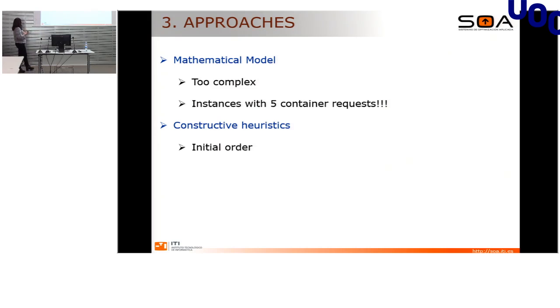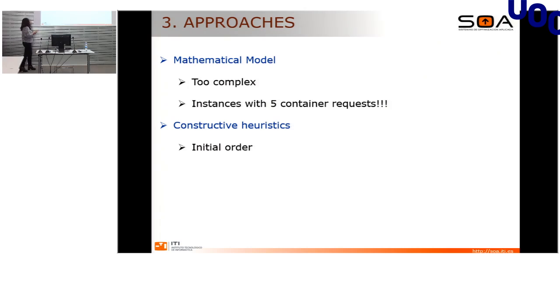According to an initial order, we are based on different parameters, time parameters, due dates, earliness, release dates, and so on, or the priorities of the containers.